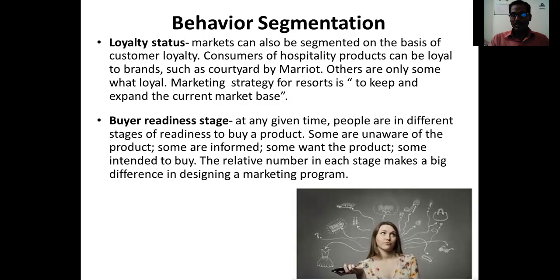For the market that intends to buy, we give a situation like a promotion to make them buy our product. So knowing at what readiness stage they are helps us plan our marketing program.